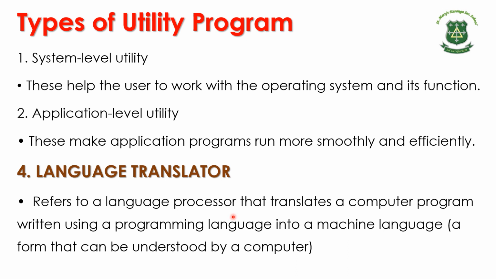It translates a computer program written using a programming language. We have talked about programming languages, C++, Python, and many others. Those are the languages that the computer can understand. Remember when we were doing the Arduino, we were always using a language that can be understood by the computer, so that the machine can start working according to what we want.